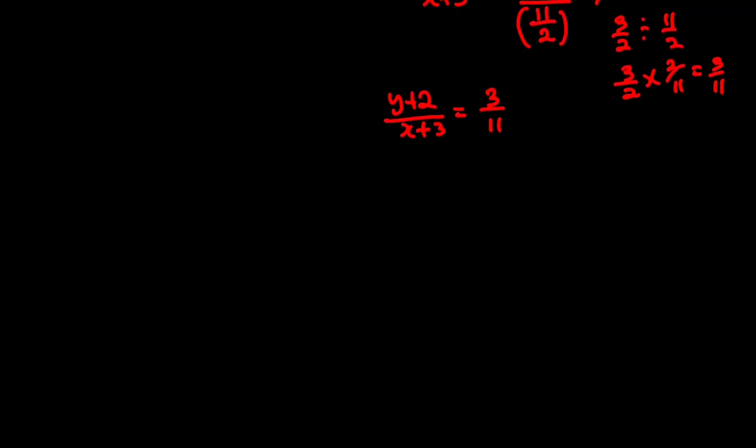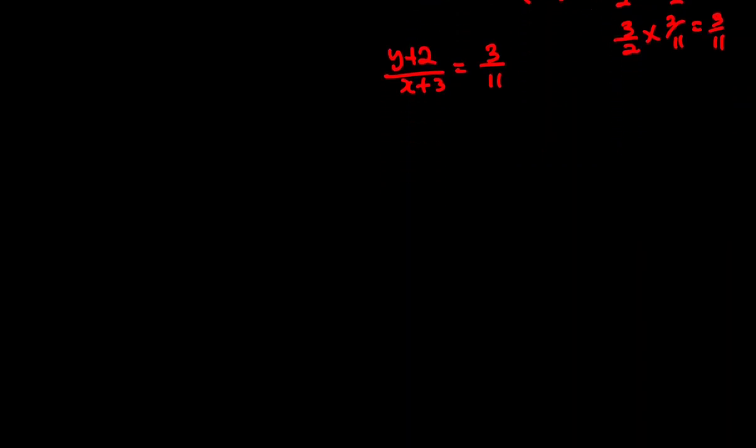Now, when you work it out, you cross multiply, you have 11(y + 2) = 3(x + 3). Now, rearranging and working it out, you are going to end up with 11y - 3x = -13. Now, this is the equation for BN.